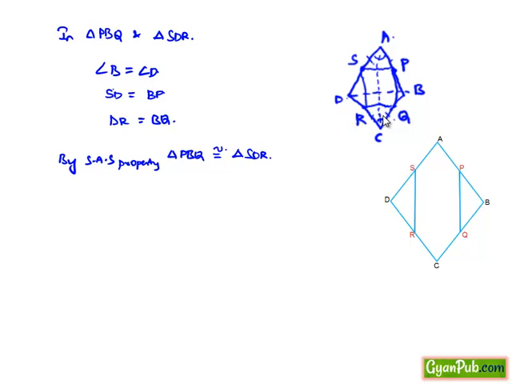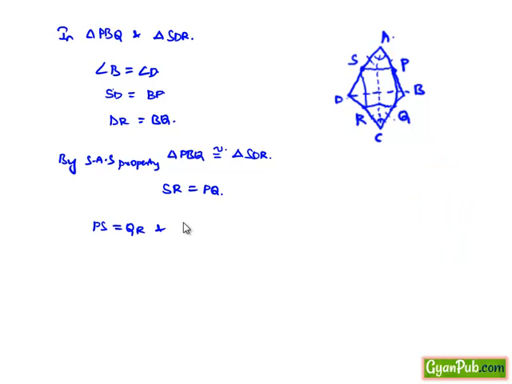As two triangles are congruent, their corresponding sides and corresponding angles can be equated. So here SR is equal to PQ. In the first step we got that PS is equal to QR, and here we got that SR is equal to PQ. Two pairs of opposite sides are equal, so PQRS is a parallelogram.